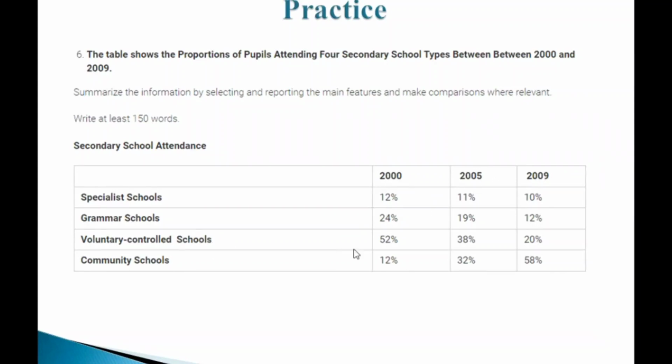Similarly, voluntary school started with 52%, the maximum of all. However, it dropped and reached 22% in the year 2009. Similarly, community school started at 12%, increased to 32%, and then reached 58% by the year 2009.